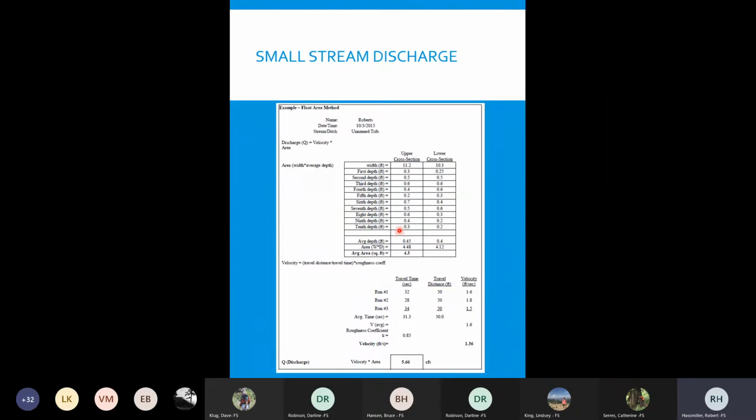We get the average depth and an area calculation, and then the same thing for the lower cross section B. Then we get the average area by taking these two. We have 3 travel times: 32, 28, 34. We average those, we have a fixed distance, and we calculate the velocity. Then we apply a roughness coefficient of 0.85, and we calculate the discharge from there.